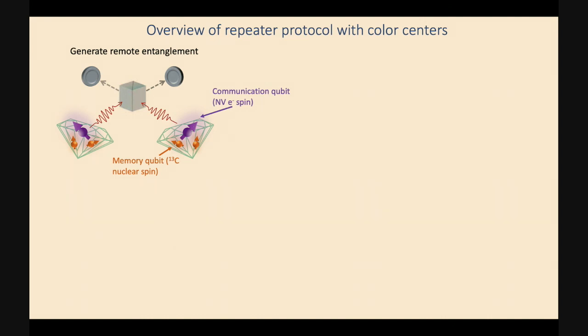This is how the protocol would now work. This is one of the nodes in this network, this is 2 of the nodes in the network. This is one, and this is another one. Now you again run your entanglement swapping protocol. You send the photons, they meet in this beam splitter, you measure them. Again, this might not succeed.